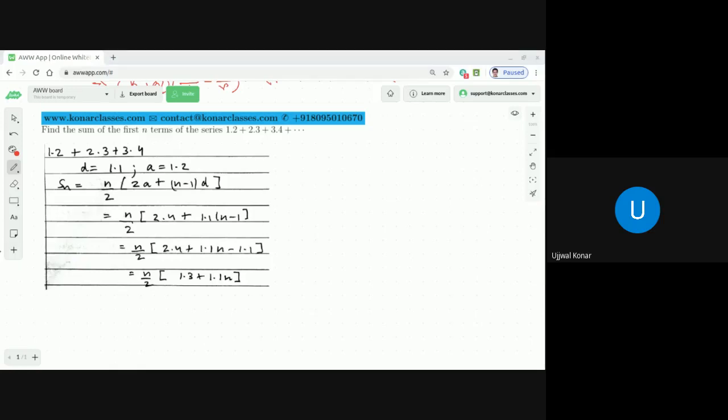That is why it is so important to discuss the solution. So what is that series? If we find Sn, it is the series 1 into 2 plus 2 into 3 plus 3 into 4, and in that way it goes up to n into (n plus 1), correct?